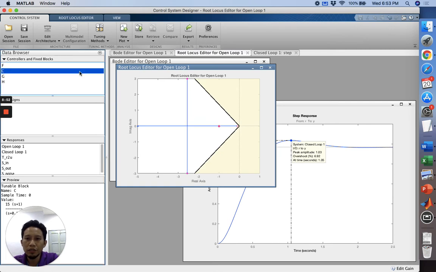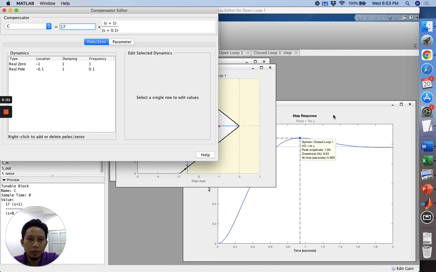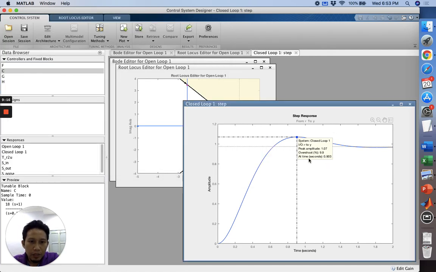We can increase the Kc value. Let's say we increase to 17. Then the overshoot is 8.93%. Maybe we can increase to 18. The overshoot is about 9.9%, which is very close to 10%. So you can see the overshoot is 9.9%, which is less than 10%, at time 0.9 seconds, which is less than the requirement of 1 second.